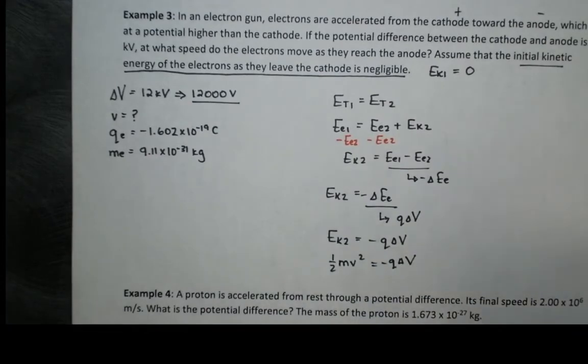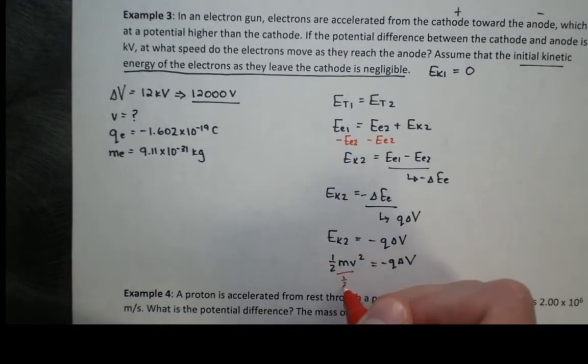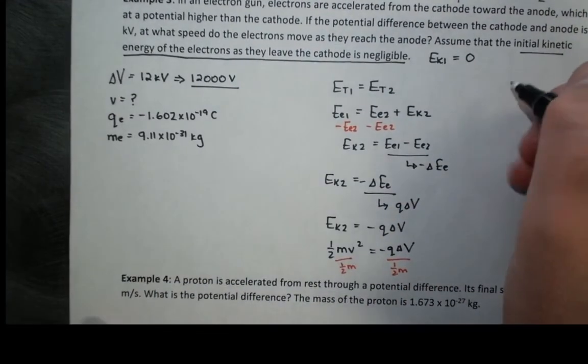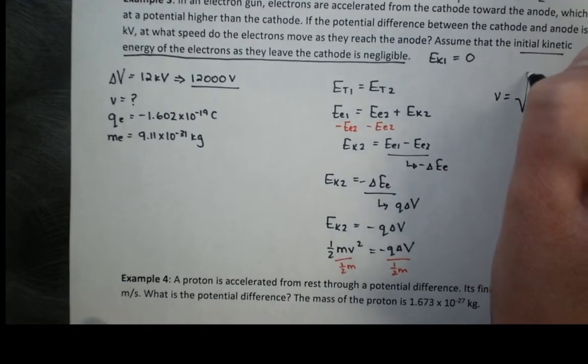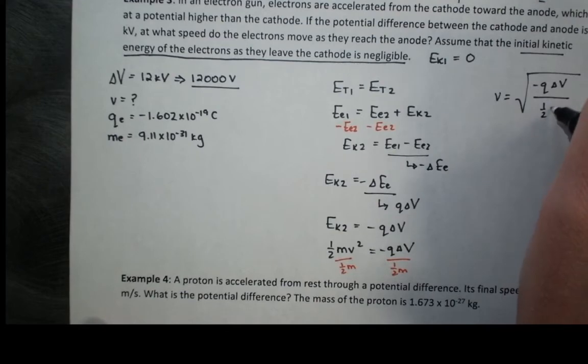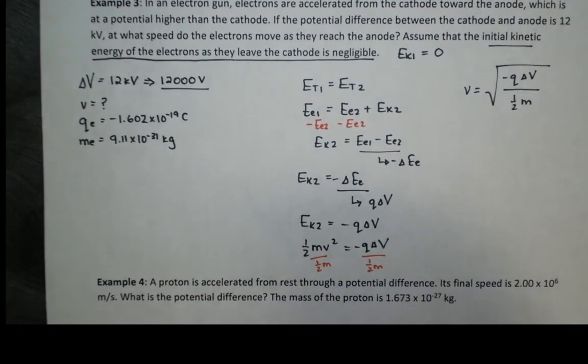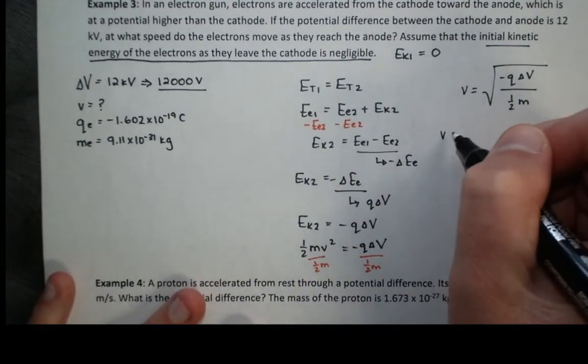If we want to get v by itself, we're going to be dividing by half m. v is going to be the square root of all this. Okay? Same equation as we used in the last one, just cut different corners to get to the same end result. You might be thinking, oh my gosh, there's a negative under the square root sign, but a negative charge beside a negative ends up giving us a positive.